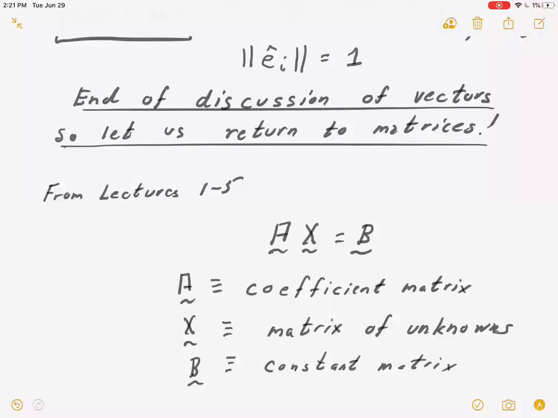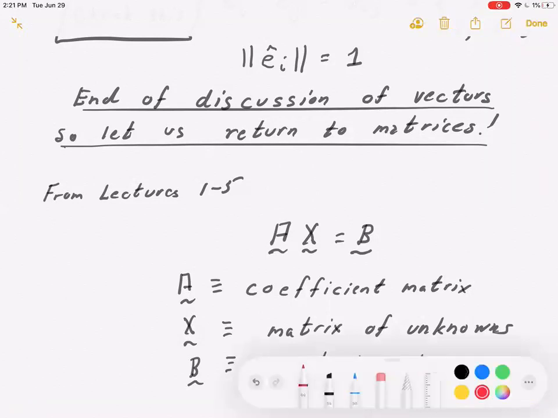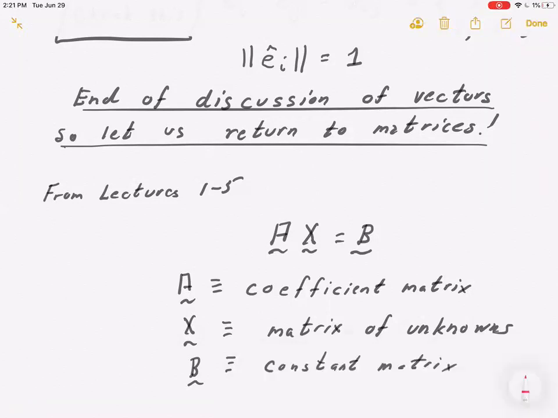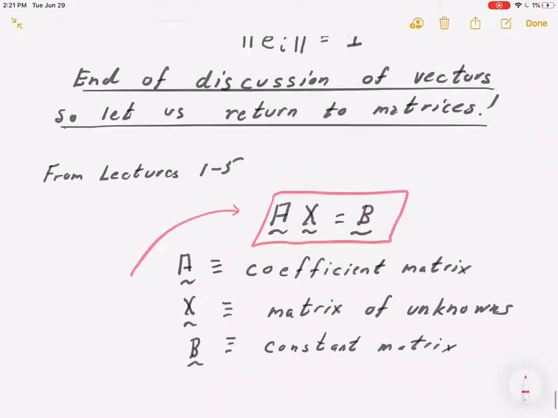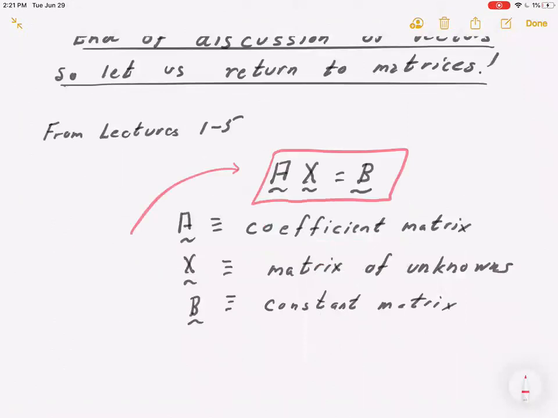I remind you that in fact, this equation is a very compact way of writing down a system of linear equations. You can write it out as distinct equations, but you can boil it all down to a simple matrix equation. So this is an extremely important relationship in linear algebra.